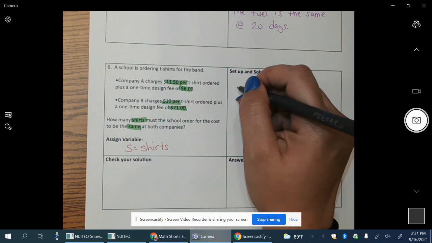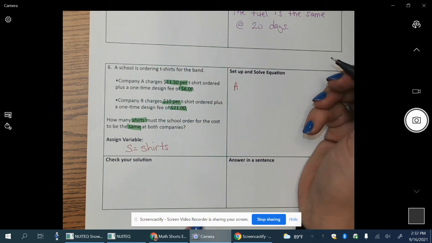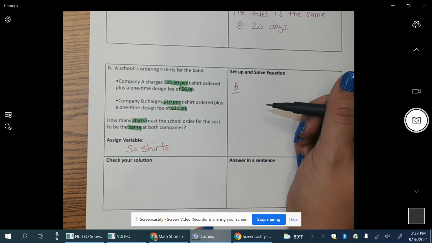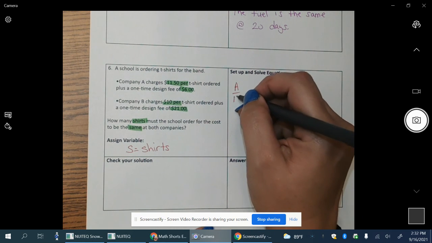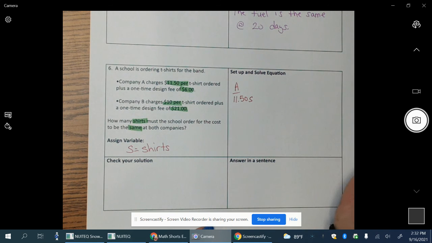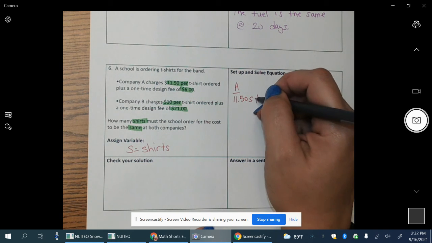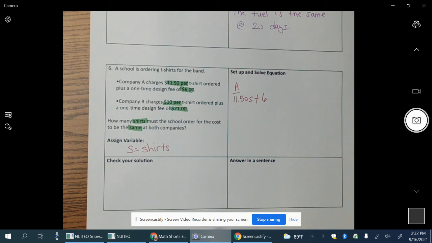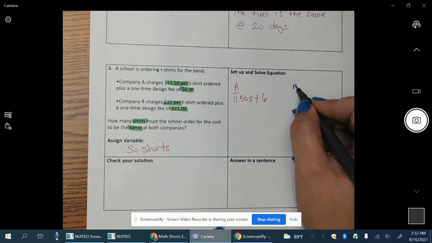So company A, do they have a fee? Yes. What is their fee? 6. Sorry, what is their rate? $11.50. It says per, so 11.50S plus a one-time fee of $6. Do I have to put 6.00? No. If you want to, go for it. I don't want to. Okay, company B, do they have a rate? Yes.